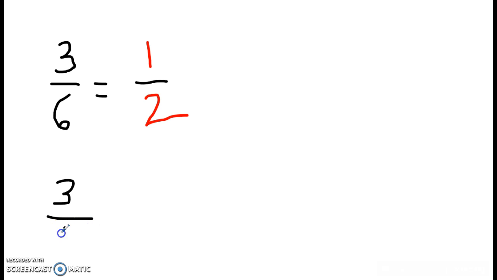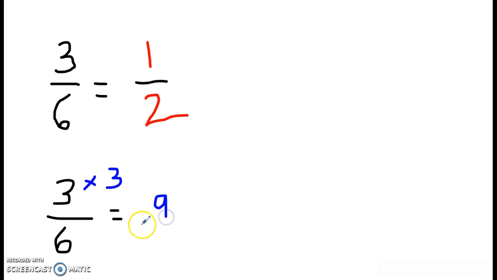Now, let me go ahead and write down here again 3/6. There is another way, conceptually, that you can do this, and that is if you are looking at the numerator and the denominator, you can multiply both the numerator and the denominator by the same number. So let's just say I picked the number 3 this time. So 3 times 3 is 9.